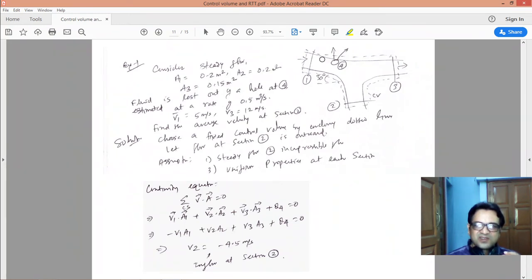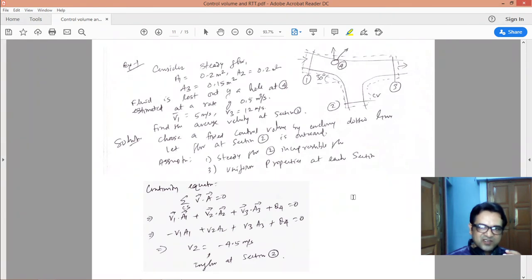Now the system was given; surround it by dotted lines, so it becomes a control volume. So this whole system is my control volume. Choose a fixed control volume by enclosing it with dotted lines. Let the flow at section 2 be outward, so suppose at 2 the flow leaves the control volume.